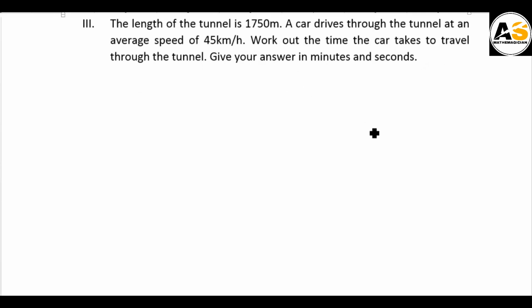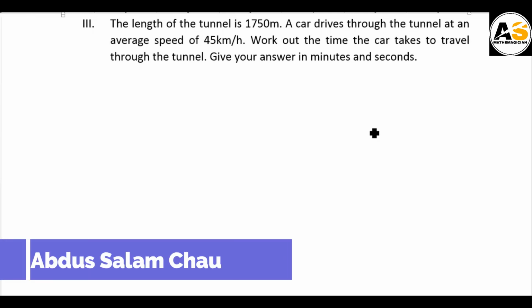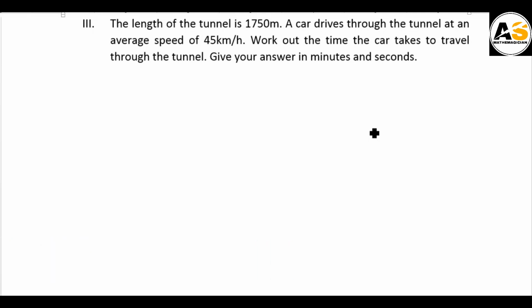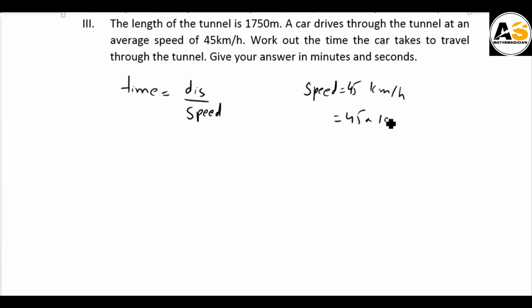Third part. In the third part, we are given that this tunnel is 1750 meter long. A car drives through the tunnel at an average speed of 45 km per hour. We have to find the time taken by the car to travel through the tunnel. We know that time is equal to distance over speed. In this case, the distance is 1750 meters, but speed is in kilometer per hour. So first we have to convert this speed into meter per second.